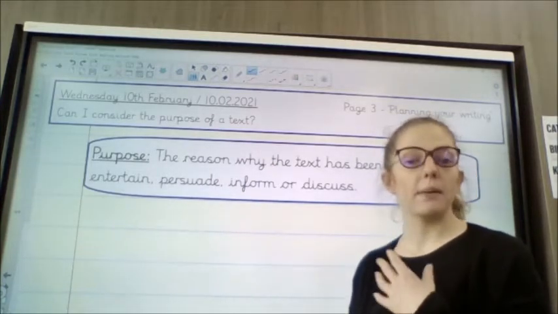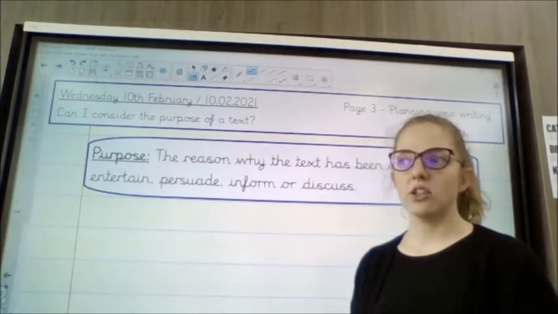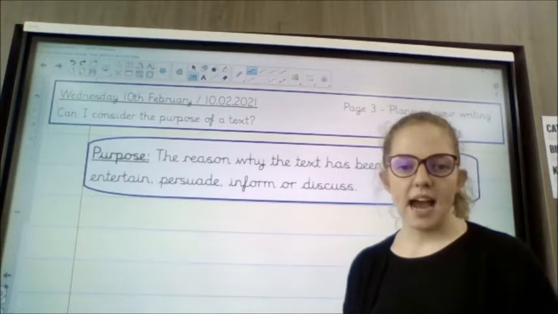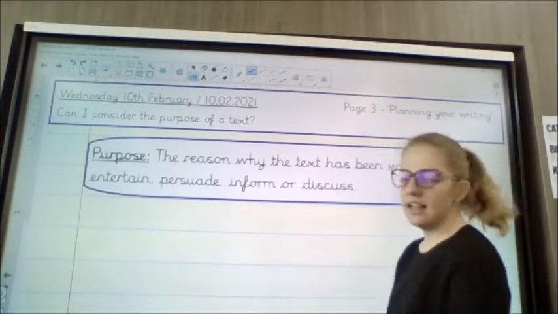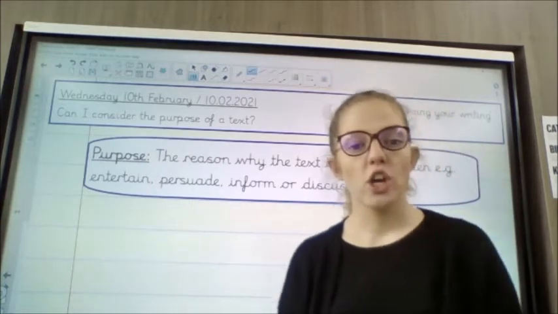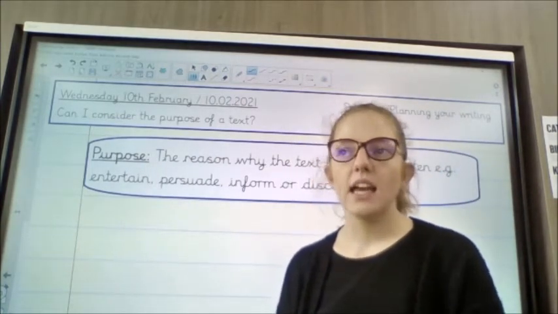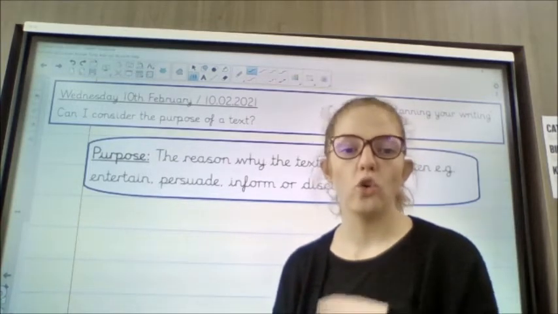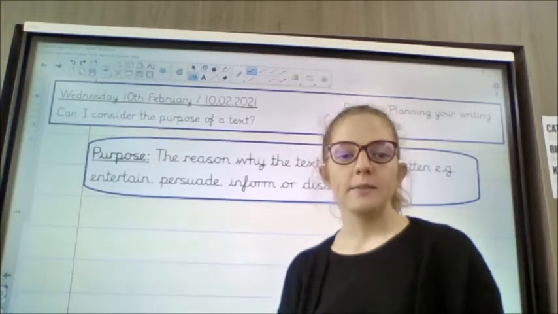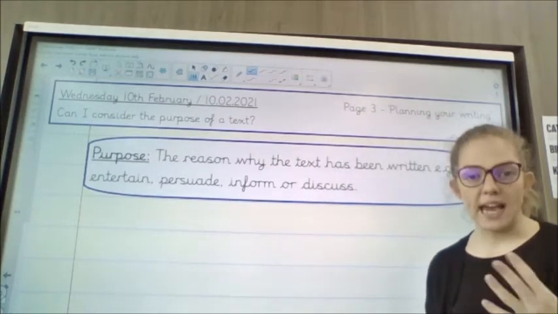So that would typically be non-fiction, and it might be a text on the habitats and diets of frogs. Okay, and the last one would be to discuss. So that might be a debate where you plan a piece of writing. It might be a text that looks at arguments for, arguments against. Okay, so there are lots of different purposes for a text being written.